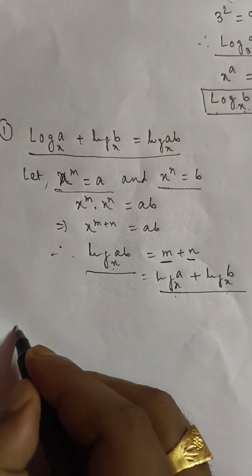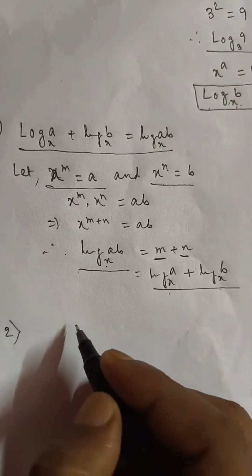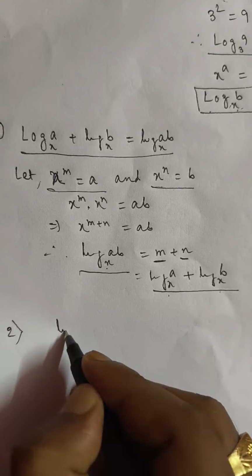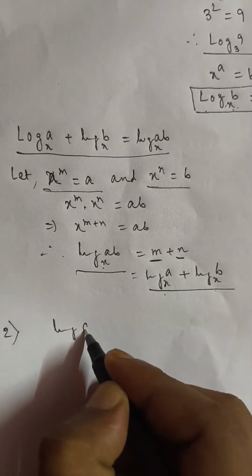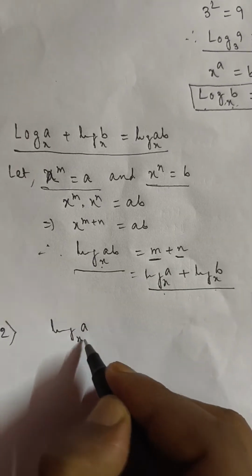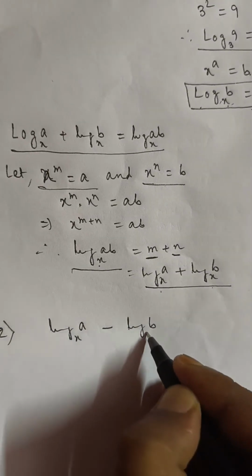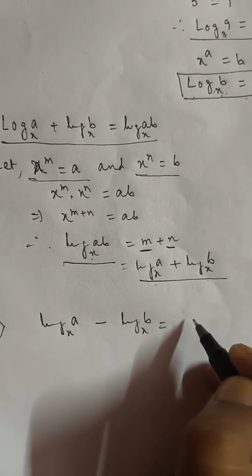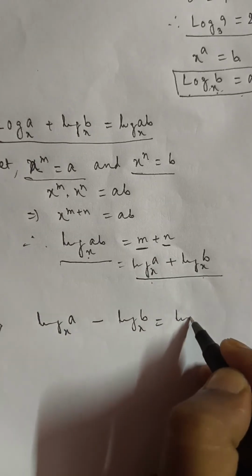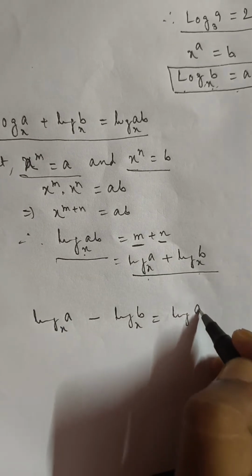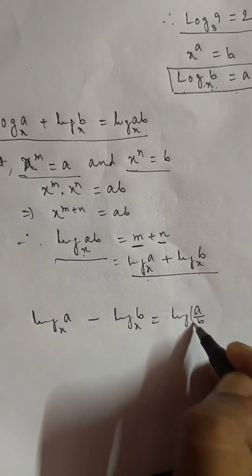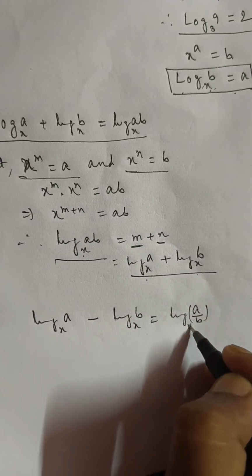Now the second property or formula: log of a base x minus log of b base x is equal to log of a by b base x.